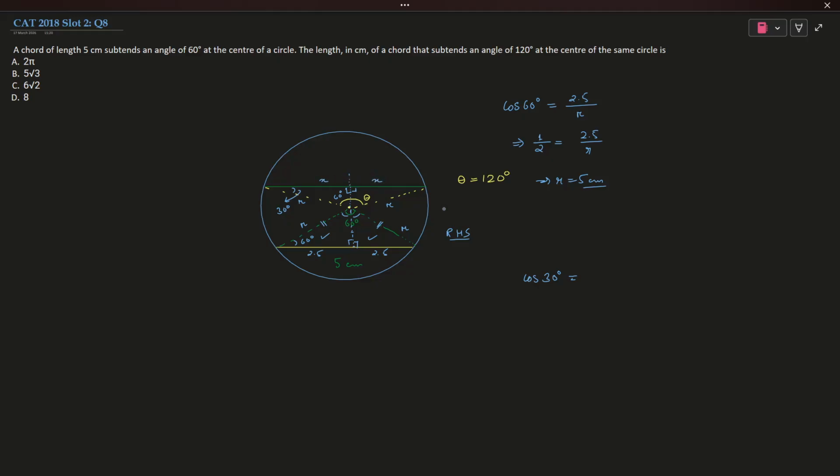This will be x, this will be also x. Hypotenuse is the radius. Radius is 5. Cos 30 is root 3 by 2. What will be x? Root 3 by 2 times 5. I need the value of 2x, which is the length of the chord, which is 5 root 3 centimeter. Okay, the correct answer will be option B.